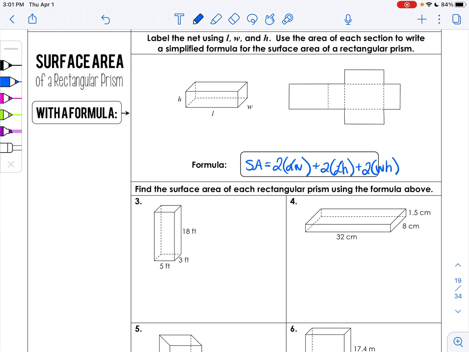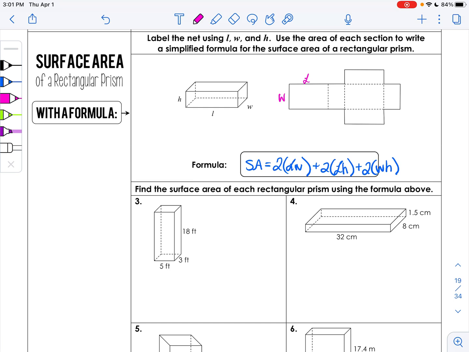But then again, it's very important to make sure that you're labeling that net correctly. So when we look at this net, we have, again, the prism on the left, our net on the right. Our width is here, and our length is here.